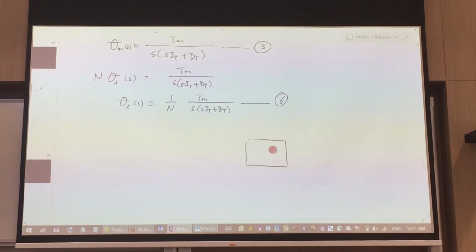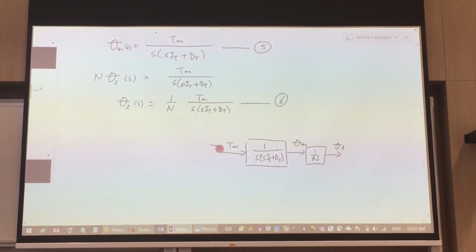I'm going to sketch out 1 over S(J_T S + D_T), then 1 over N. I think it was last year that this question came out as one of the exam questions, asking you to prove this part here, Tm, using all those equations.